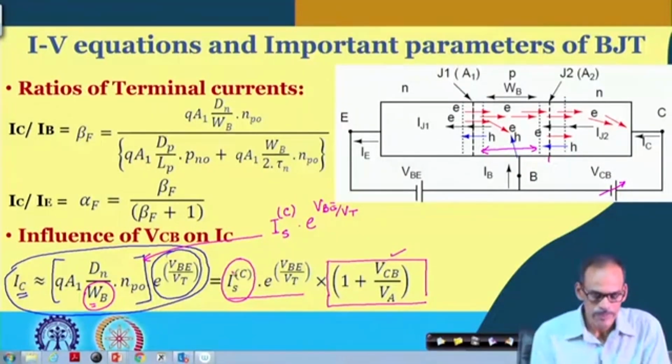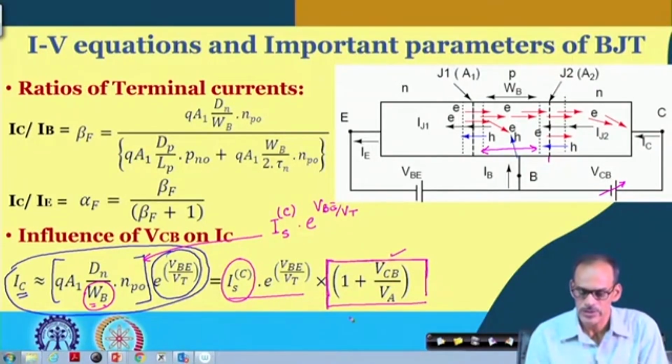So, if I consider W_B remaining constant, then only we can get the expression of I_S of the collector. But in case we really want to capture the effect of V_CB on W_B, instead of looking into how much change is happening, we like to capture that dependency as a separate factor like this, 1 plus V_CB.